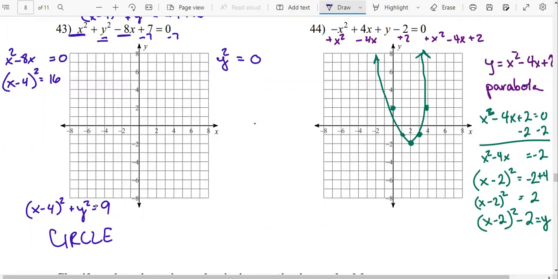Okay. So the x is a shift 4 and the y doesn't shift at all. So there's the center of my circle. The square root of 9 is the radius, which is 3. So 1, 2, 3, in each direction. Circles are very nice. Whoa. Not my best circle ever, but it is a circle.